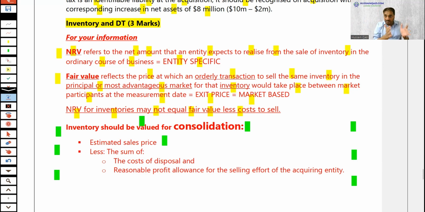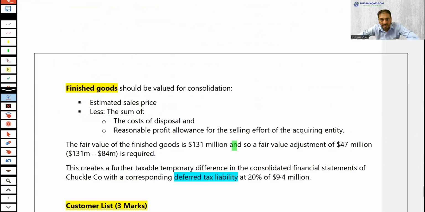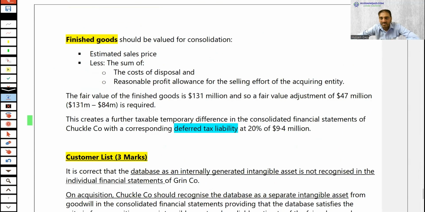So the estimated sale price at which an entity would be able to sell it, less the sum of cost of disposal and a reasonable profit allowance for the selling effort of the acquiring entity. That is the point for consolidation purposes. So here there is no complication. Simple, the data available is fair value.